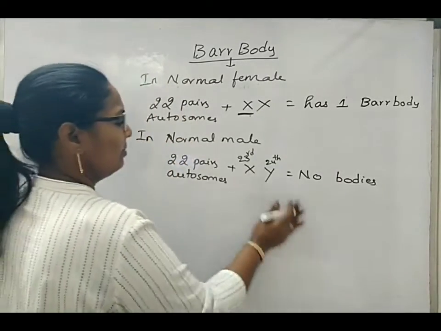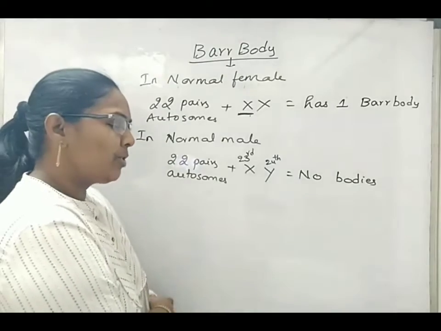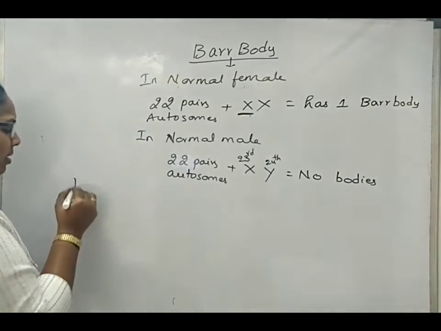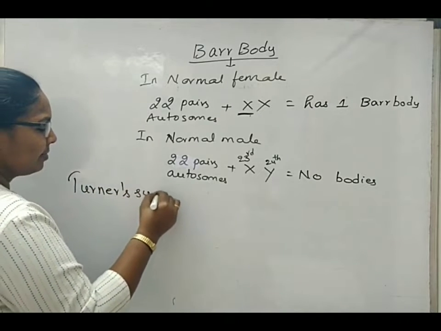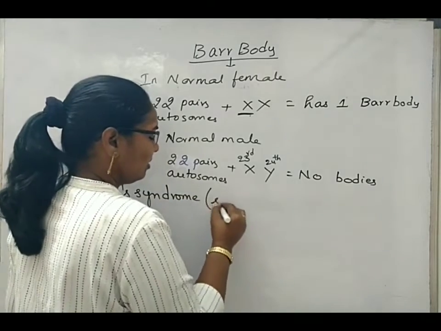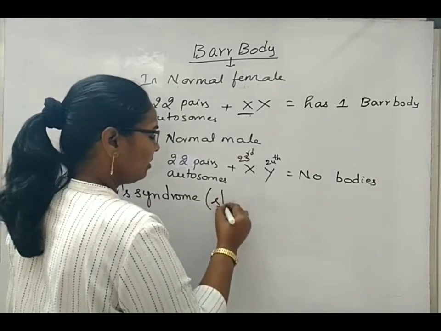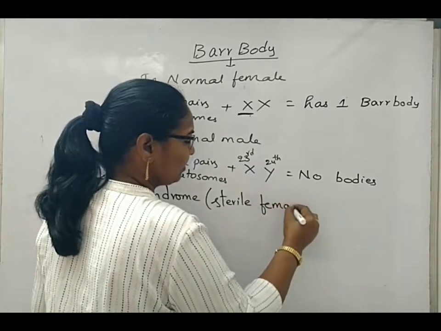Now, if we take some disorders, for example Turner's syndrome, the symptom is that the person will be a sterile female.